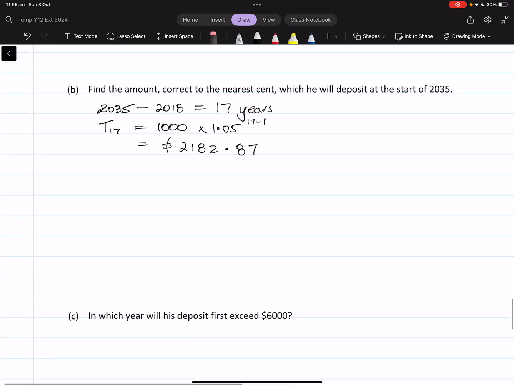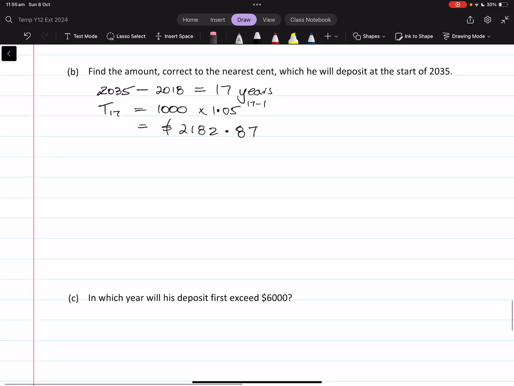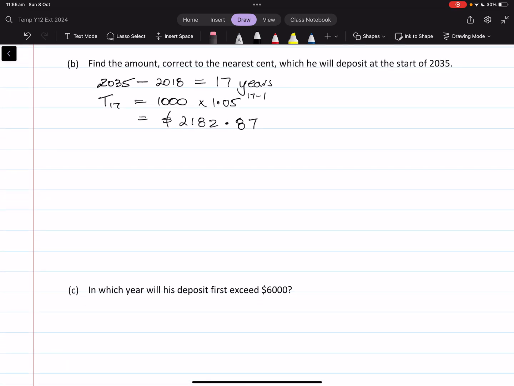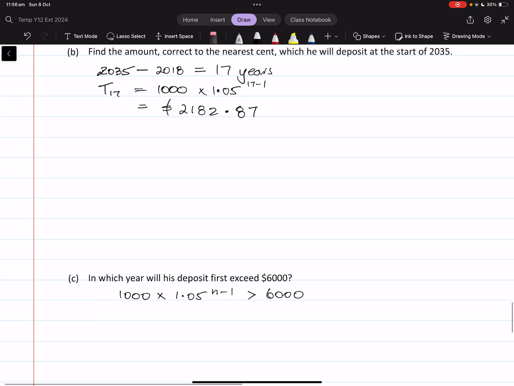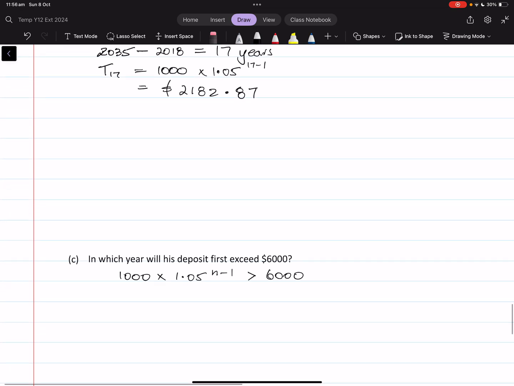In which year will his deposit first exceed $6,000? Okay, so this ar to the n minus 1, so 1,000 times 1.05 to the n minus 1 needs to be more than 6,000. Okay, so we've got to solve another exponential equation here.